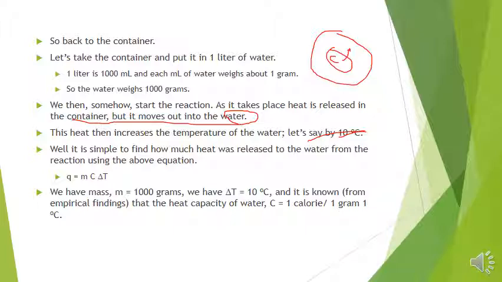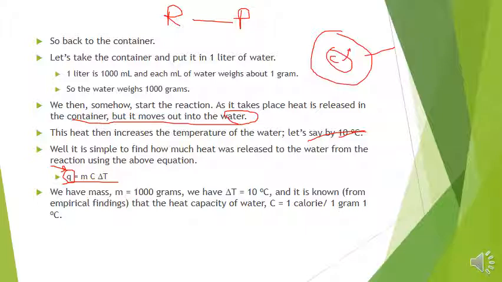Well, I can find out how much heat has been released into the water by using my equation right here. This is the heat that's been delivered into the water, and that heat is the same as the enthalpy difference between these two.